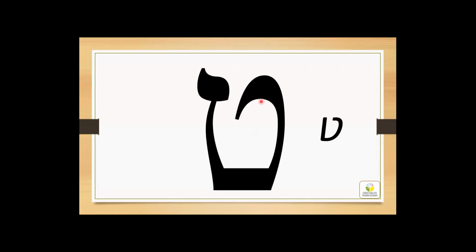I can put things in it as a basket. And it is also surrounding. Tet surrounds me. Okay, got it? Het: wall, fence, separation. Tet: snake, surround, and basket.